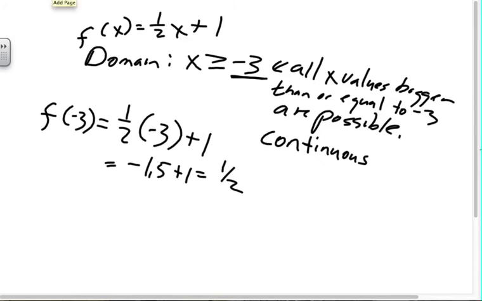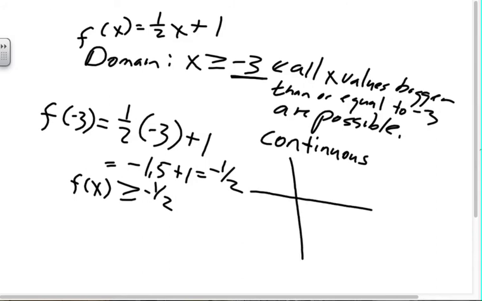So my function value then is going to have to be bigger than or equal to negative 1/2. And when you graph this, I'm going to go to -3, negative 1/2.